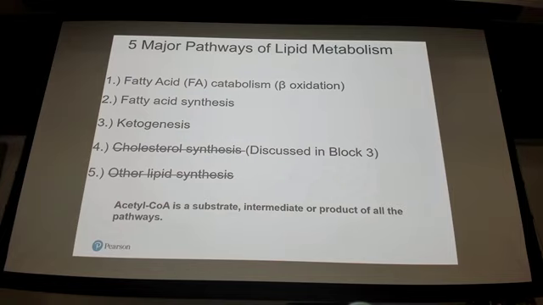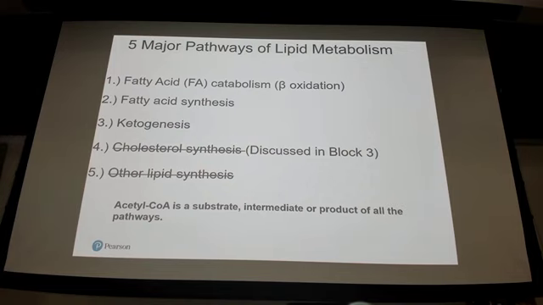But then some of the other lipids that are metabolized, for example phospholipids, are synthesized from substrates of the glycolytic pathway, namely glycerol 3-phosphate.